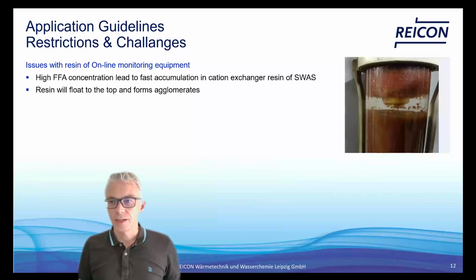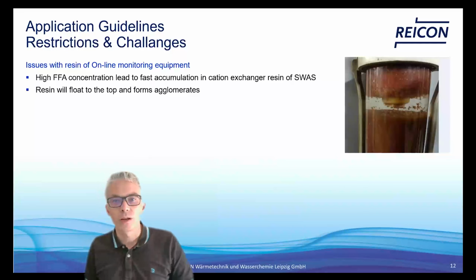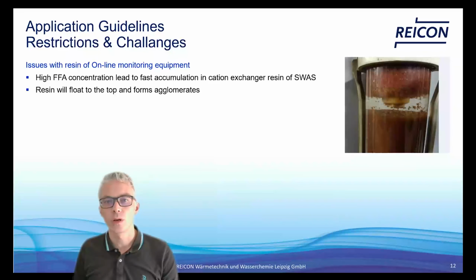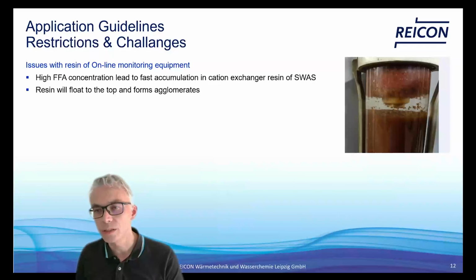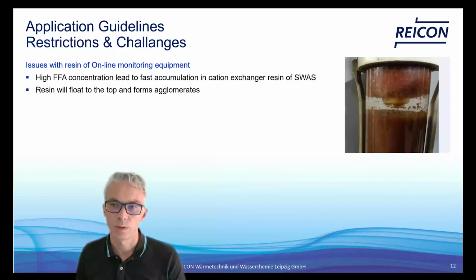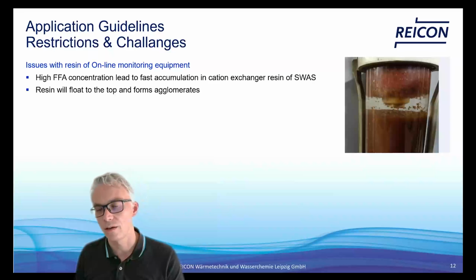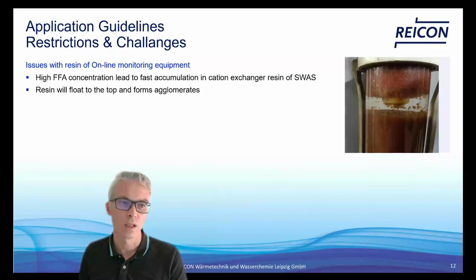The resin topping is something which also is an issue within the cation exchanger of the sampling system. We often see that during the preservation, because of the high concentration, the resin starts floating and forms agglomerates, which you can see in the columns of the treatment.